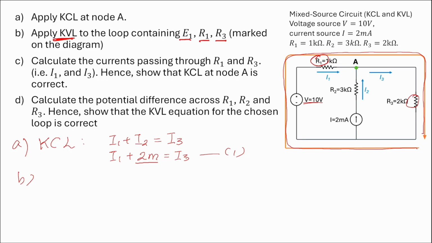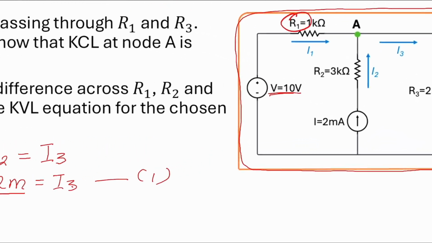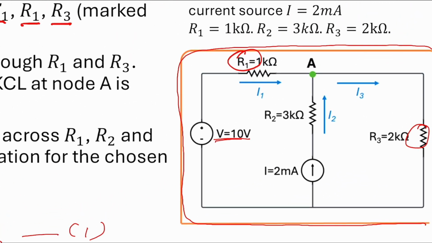Okay. So again, if we analyze this one, first we start from the voltage source. This is negative and this is positive. So the path we enter the voltage source is negative. Because it entered from the negative side, we should put 10 volt as negative 10 volt.